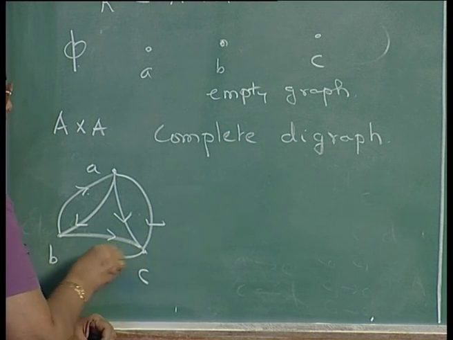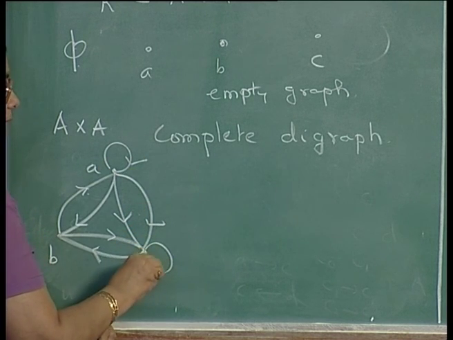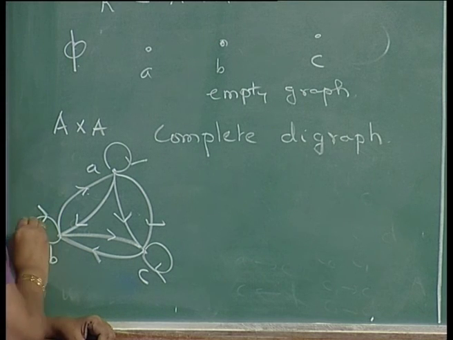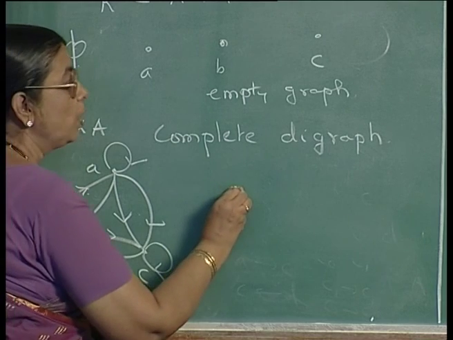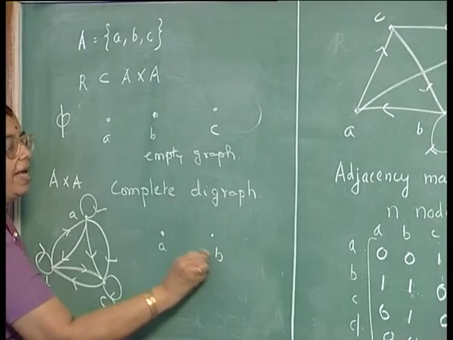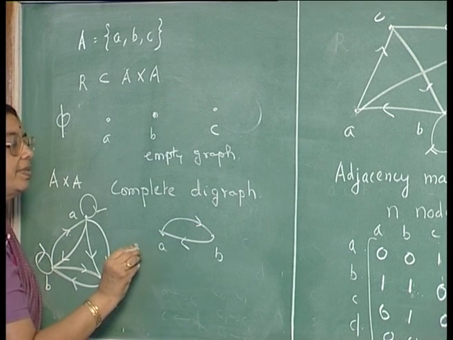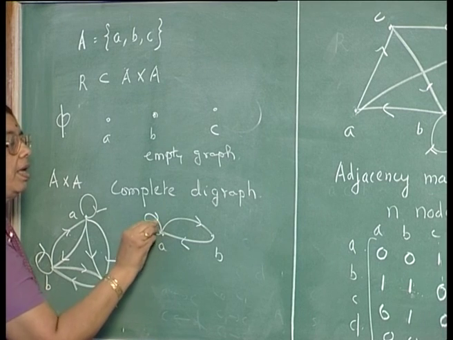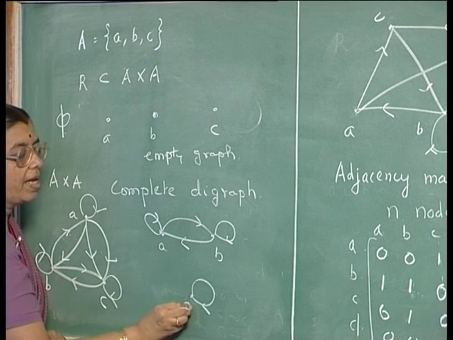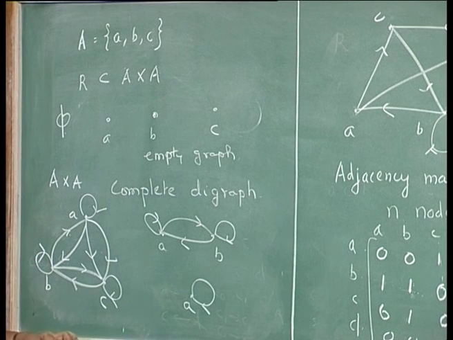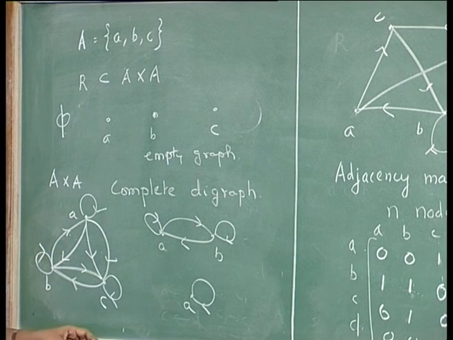Every node should be connected to every other node including itself. So, this is called a complete digraph on 3 vertices. On 2 vertices, a complete digraph looks like this. If you have just one vertex, this is a complete digraph on one vertex. This is a complete digraph on 2 vertices. This is the complete digraph on 3 vertices.